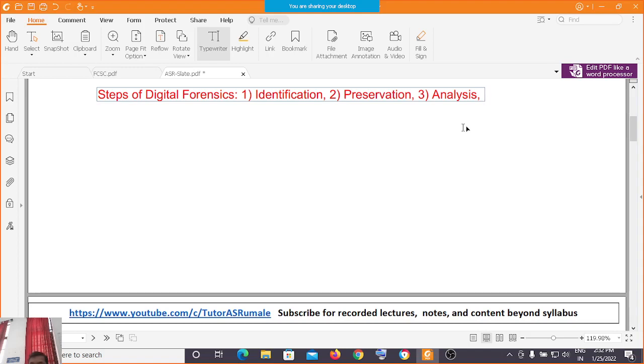Let's say someone has died, and your DNA sample is found on his shirt, clothes, or on the weapon, then it proves without any doubt who the offender or criminal is. That's why biological evidence is considered the strongest one. Then you have circumstantial evidence.